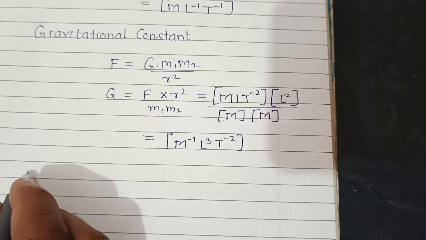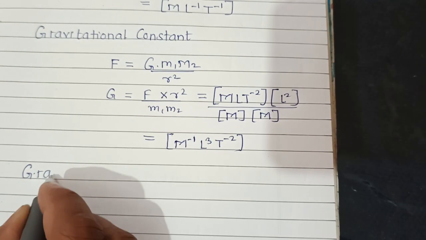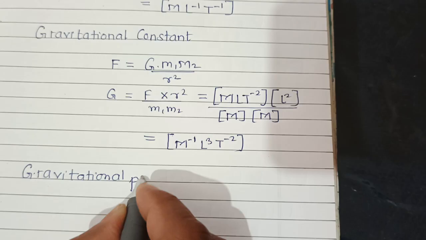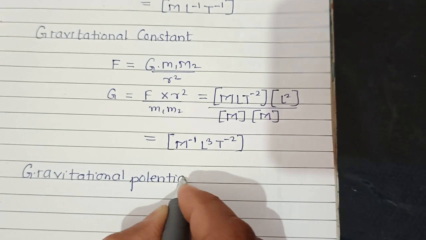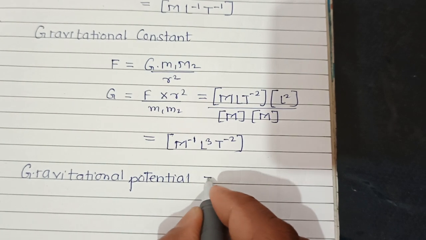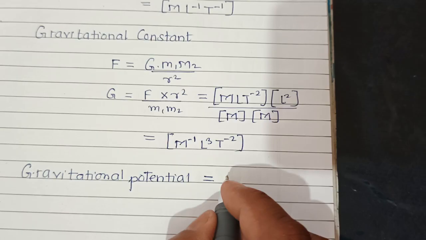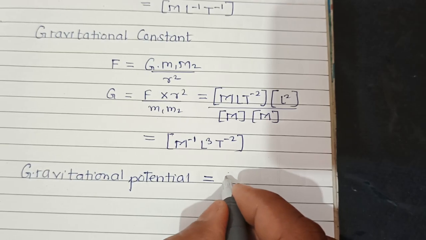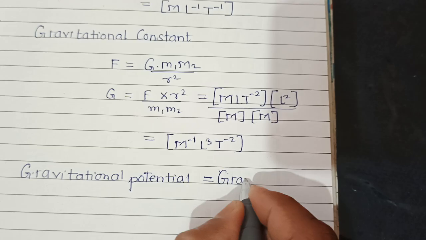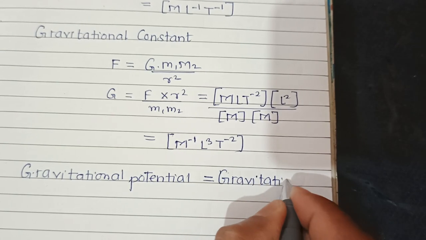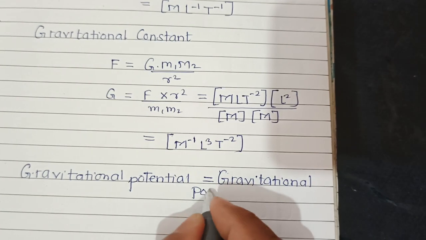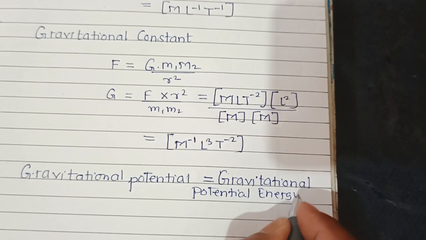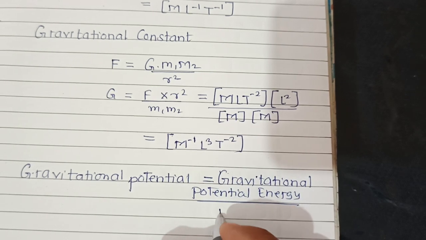Gravitational potential equal to gravitational potential energy upon mass.